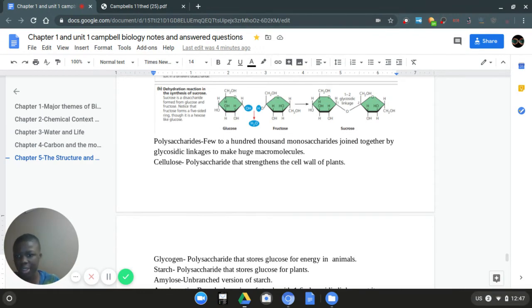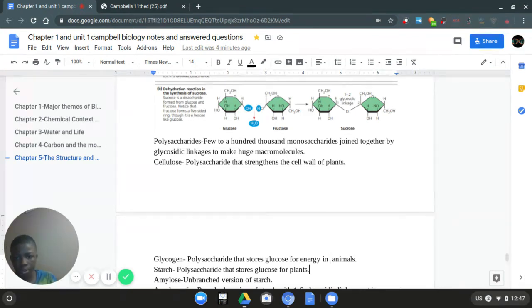We'll obviously talk about cellulose there, so I'm not going to talk about it specifically here, because this is chapter 5. So just know that for chapter 5, all you need to know is that cellulose is a polysaccharide that strengthens the cell walls of plants. Then glycogen is basically energy storage of glucose in animals. And then starch is a polysaccharide that stores glucose for plants.